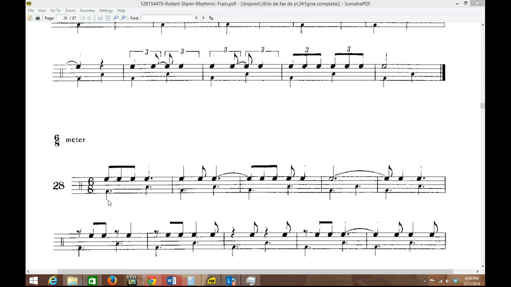Ta ta ta ta ta ta ta ta ta ta ta ta ta. Trickiest part of that line is this one going into this measure. Go ahead and try to figure out the rest. Do the first line and do the rest of exercise 28 as well.